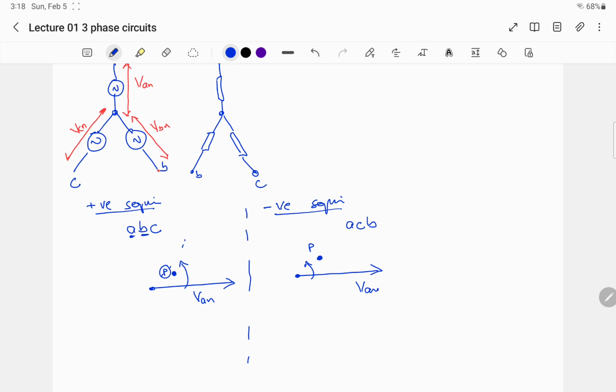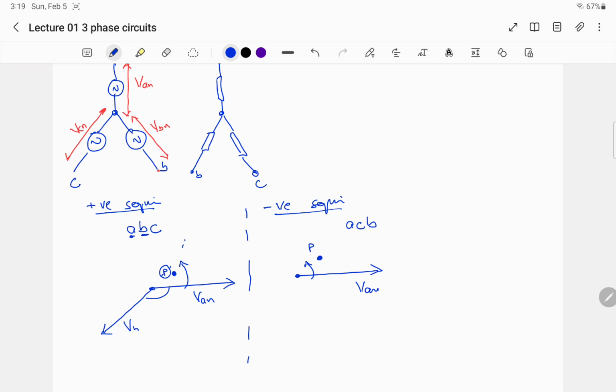This is the basic and fundamental difference between negative sequence and positive sequence. So let's look at the positive sequence. We have VAN, then the next vector. Now the phase difference between all these vectors will always be 120 degrees apart.